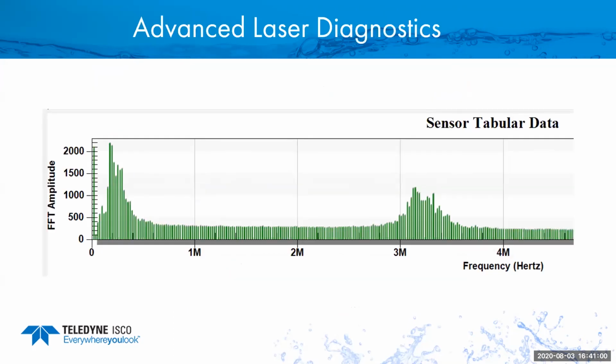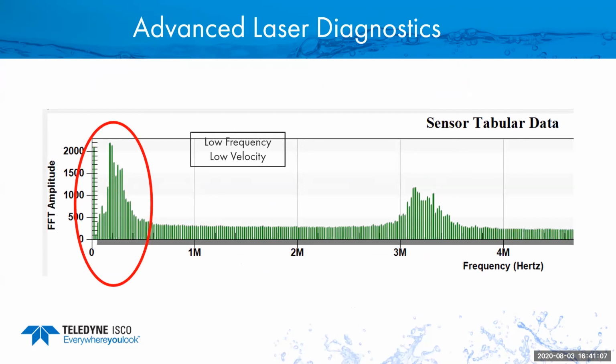After further investigation, looking at some of the diagnostics of the laser, we were able to see we were getting a low frequency, low velocity return, but we were also getting what we really wanted, which was the higher velocity. What I was able to do was tweak this and adjust so that we only look for something above, in this case, that 1 meg line there on the bottom.